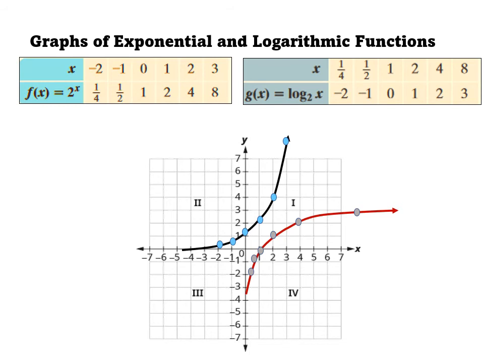So that's the graph of log base 2 of x. And these two graphs are symmetrical with respect to y equal x. So the graphs of exponential and logarithmic functions are inverse to each other, and I can graph the graph of logarithmic function from the exponential one.